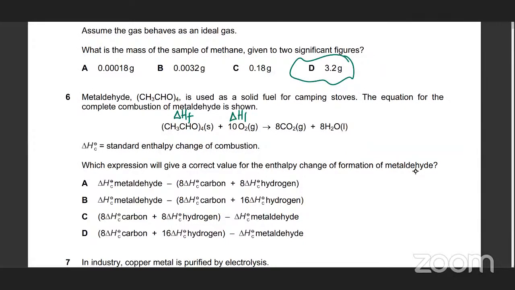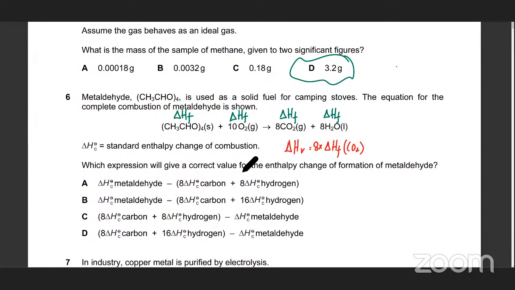Now, in a reaction, if the enthalpy of formation of the products and the enthalpy of formation of the reactants are known, so for example, if you take this reaction and you know the enthalpy of formation of all the substances, then the enthalpy of that particular reaction is going to be equal to the enthalpy of formation of the products, which in this case is going to be the enthalpy of formation of CO2, and that's going to be times 8.